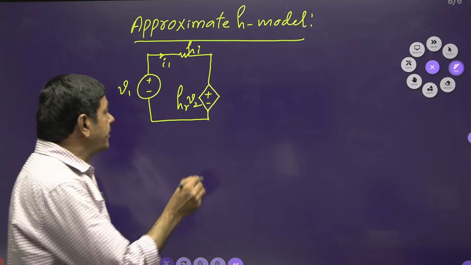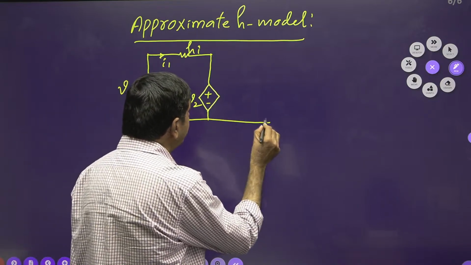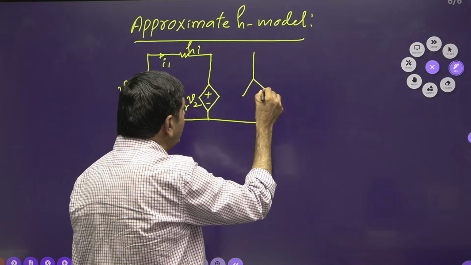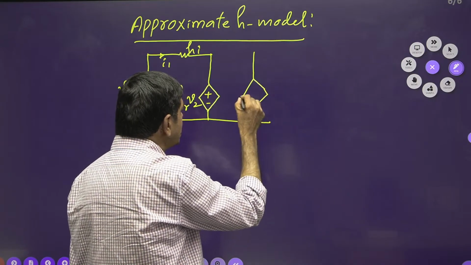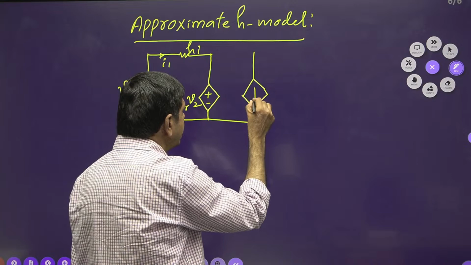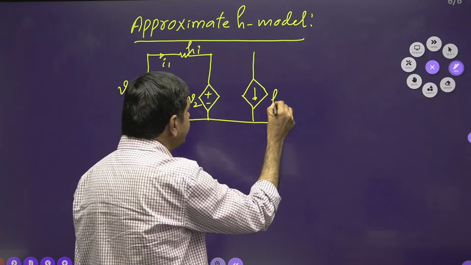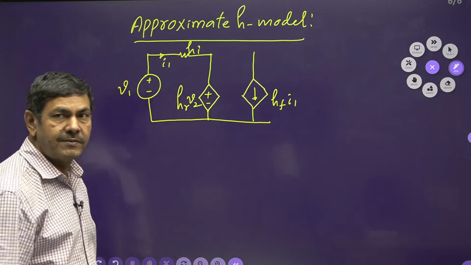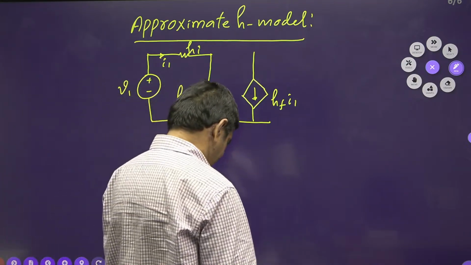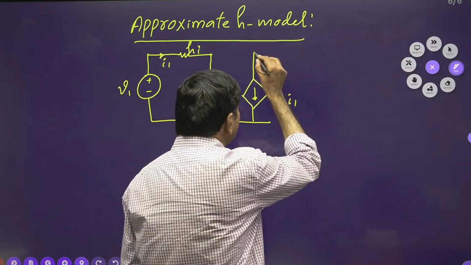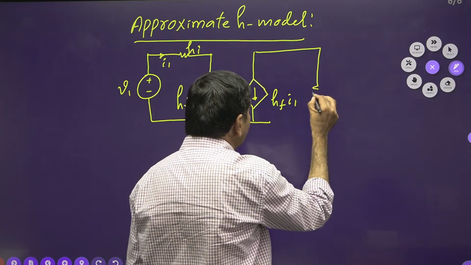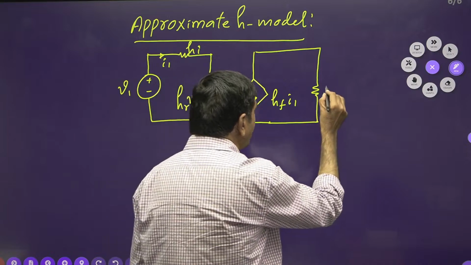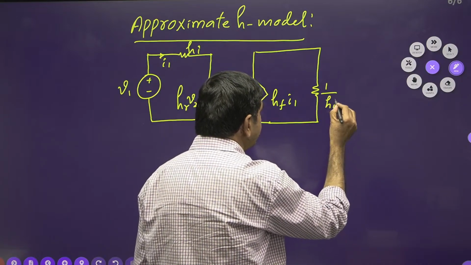The output circuit is Norton's equivalent circuit. Here we have one current source, a dependent source, that is HF into I1. And here is one more path, this is 1 by HO.